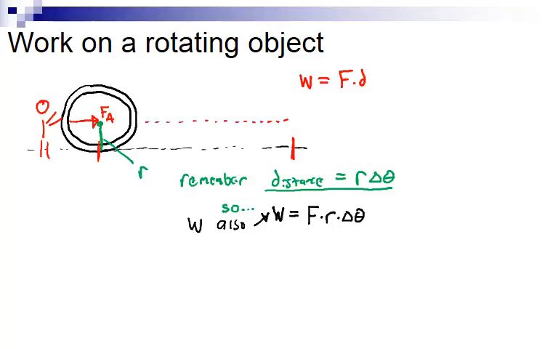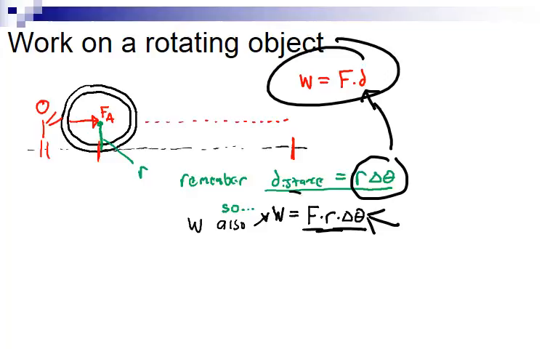And so in place of d, we can place r theta. And when we do that, we'll have force times the radius times the angular displacement. Now, you do not have this on your equation sheet. However, you should be able to do this pretty easily. If you think about work and you think about what distance is, it's r times theta. You should be good there.